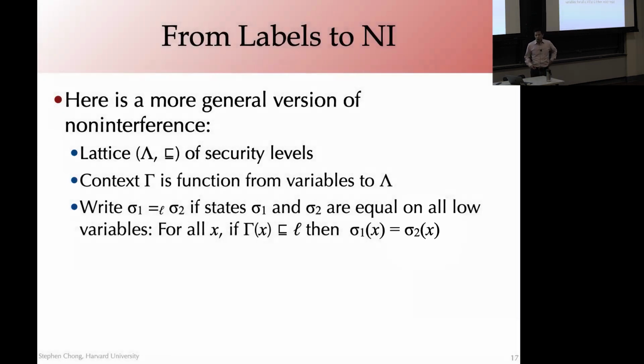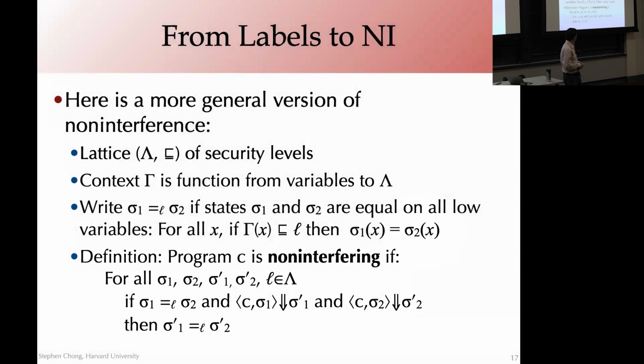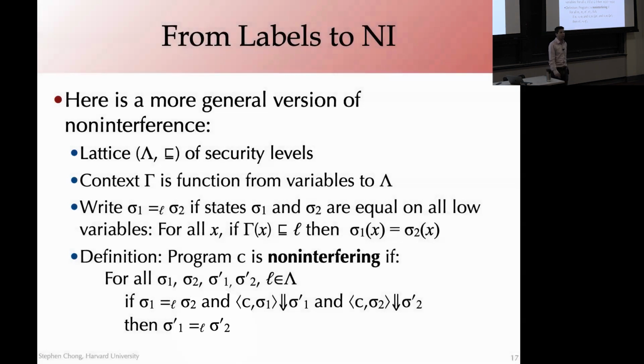Okay. Now we can present a slightly more general definition of non-interference. For two stores, sigma 1 and sigma 2, if they are L equivalent, and we have two executions resulting in sigma 1 prime and sigma 2 prime respectively, then those outputs, sigma 1 prime and sigma 2 prime, are also L equivalent.